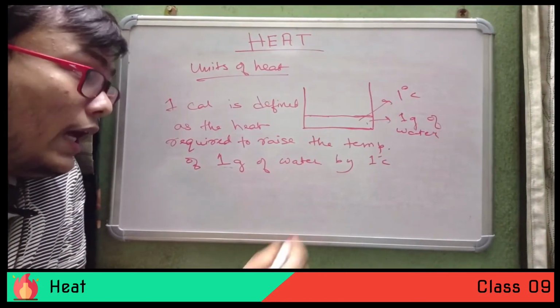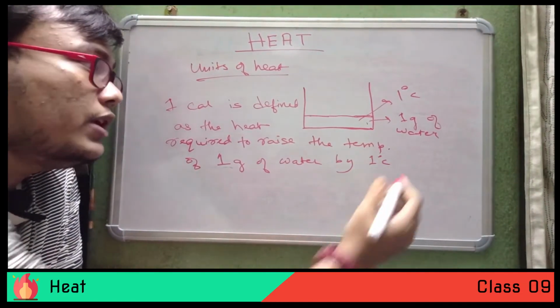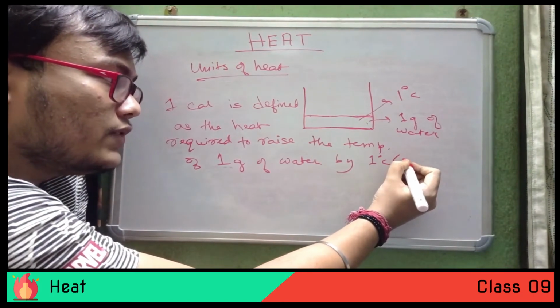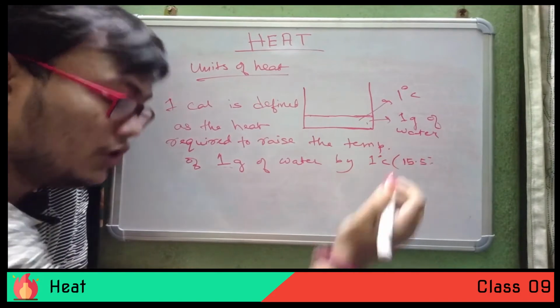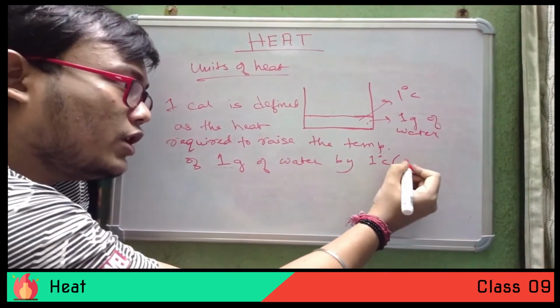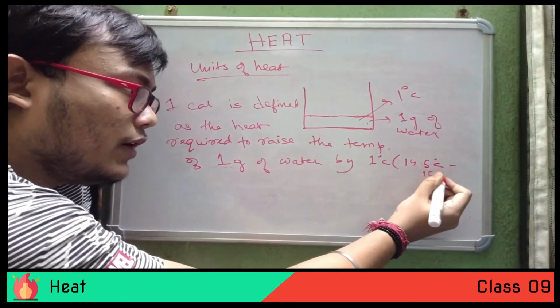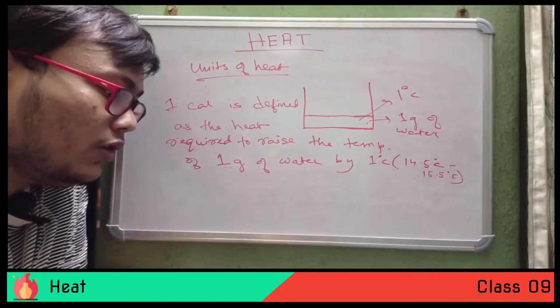The rise in temperature by 1 degree is noted when it is raised from 14.5 degrees Celsius to 15.5 degrees Celsius. Why do we take 14.5 to 15.5?